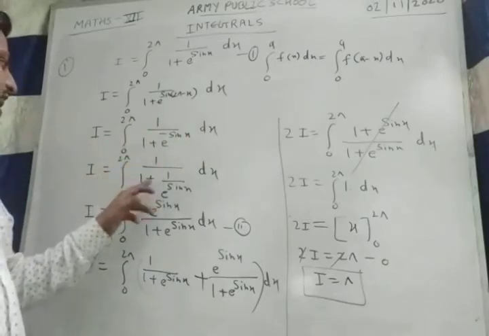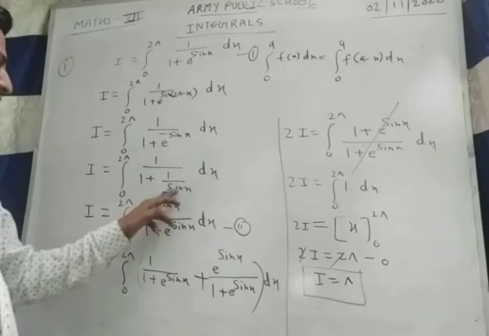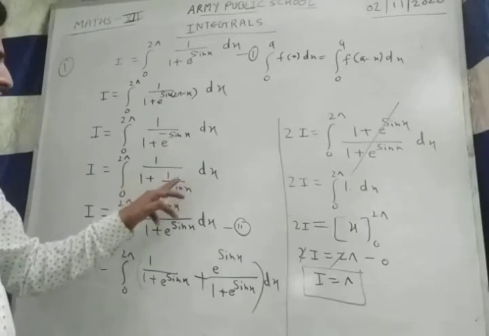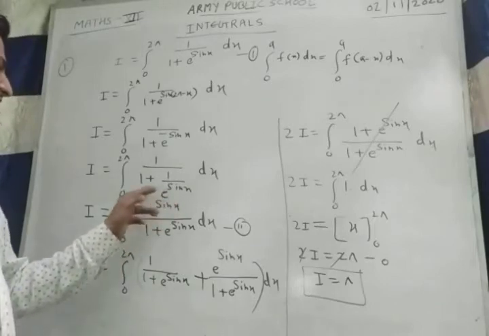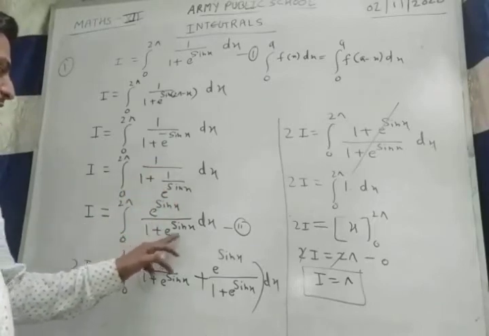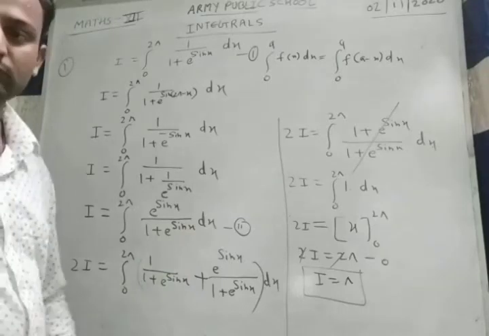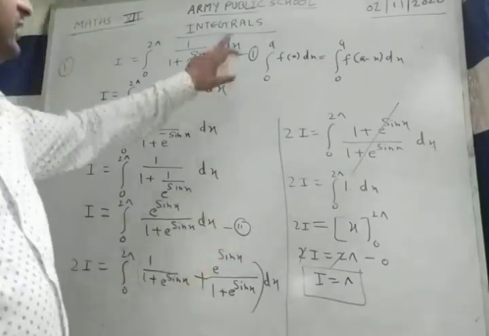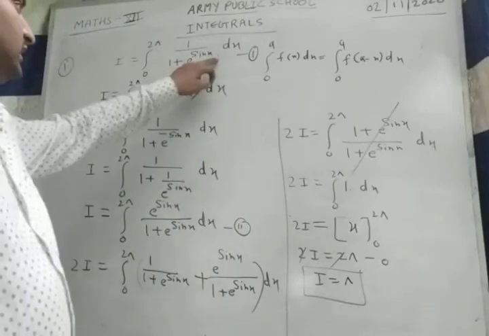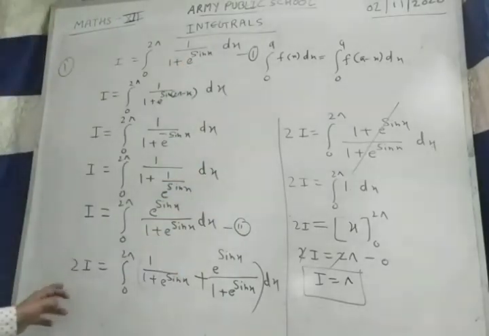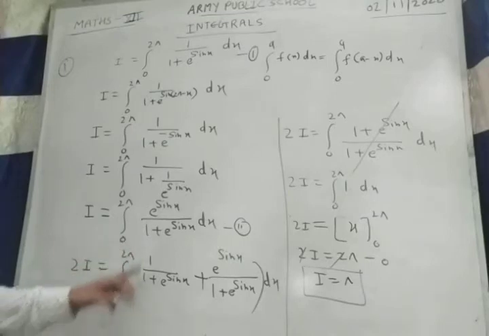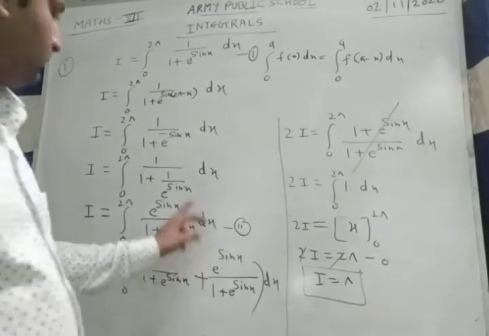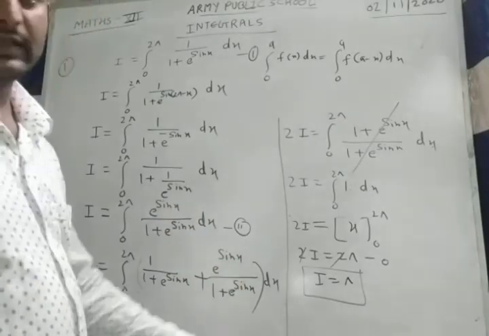Integral 0 to 2 pi of 1 by 1 plus 1 by e to the power sin x. We can write this e to the power minus sin x in the form of 1 by e to the power sin x. Now taking LCM, we get e to the power sin x over 1 plus e to the power sin x dx. This is our equation number 2 and this is equation number first. Adding first and second, we get 2I is equal to integral 0 to 2 pi of (1 plus e to the power sin x) by (1 plus e to the power sin x) dx.